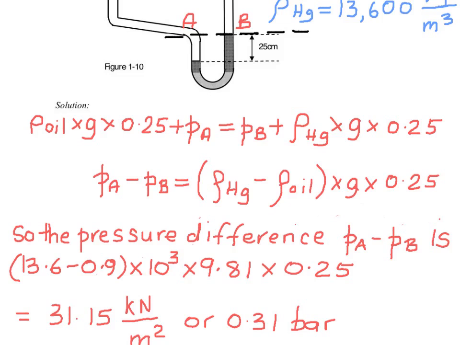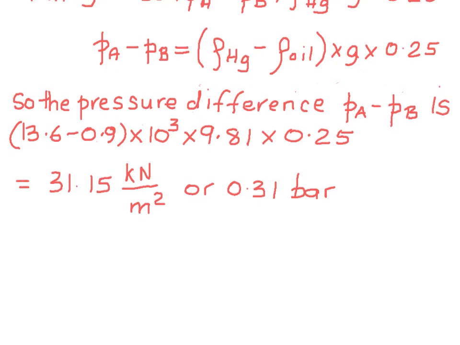Now, with a bit of careful calculation, we will then be able to evaluate the pressure difference, 31.15 kilonewton per meter squared, or 0.31 bar. Now, we have to be very careful.